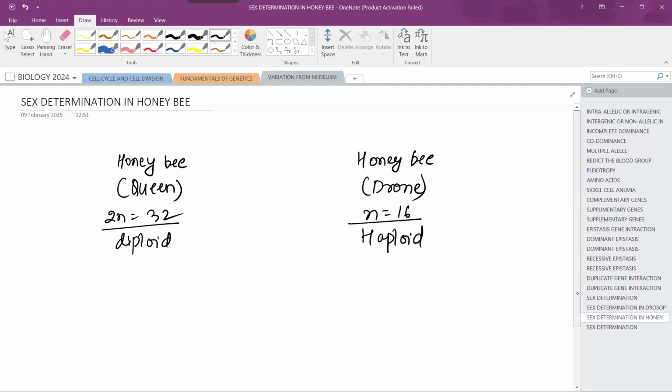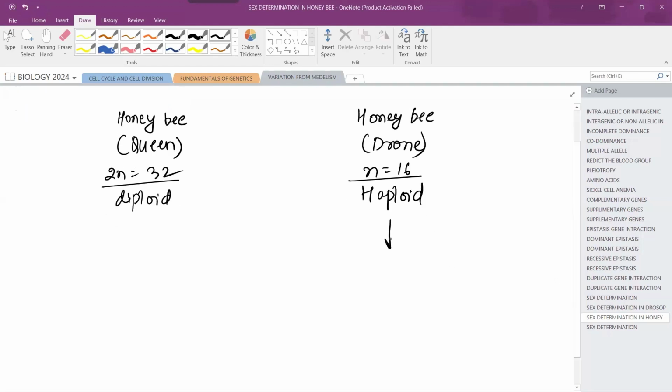Can you tell me if this male honeybee has to produce gamete, by what type of process will this honeybee produce the gamete? Is it mitosis or meiosis?